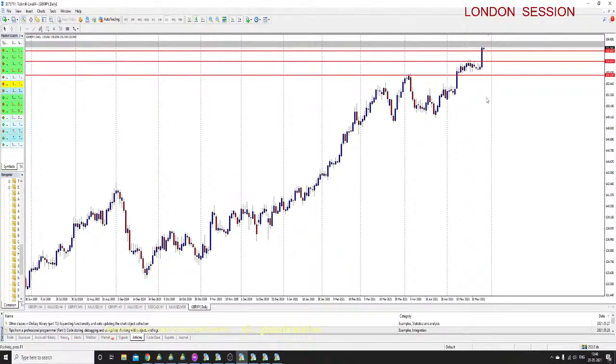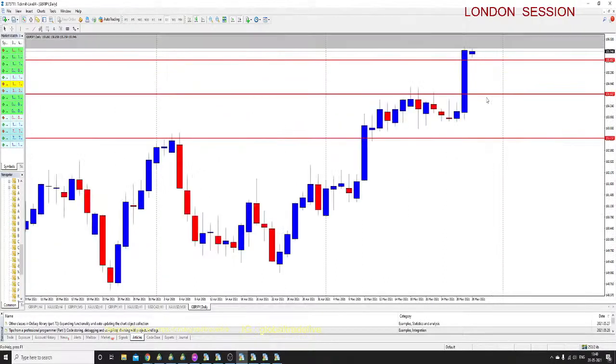What the market did yesterday is that this big candle just crossed above this level and broke above it. So currently it's above the resistance zone, which has turned out to be a support now.